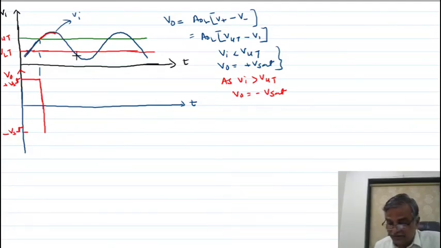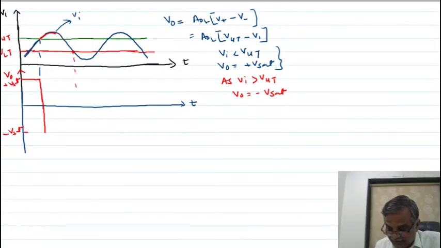Now my level will be changed, the level becomes the lower threshold voltage. Now the voltage at V plus, the voltage at the non-inverting terminal, is not this voltage level. After this time, the voltage at V plus becomes VLT.